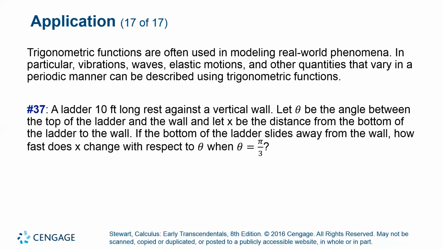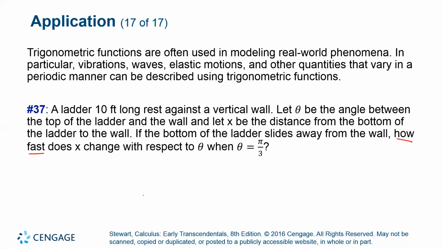If the bottom of the ladder is sliding away from the wall, how fast does x change with respect to theta when the angle is pi by 3? Note that how fast here is not about time.